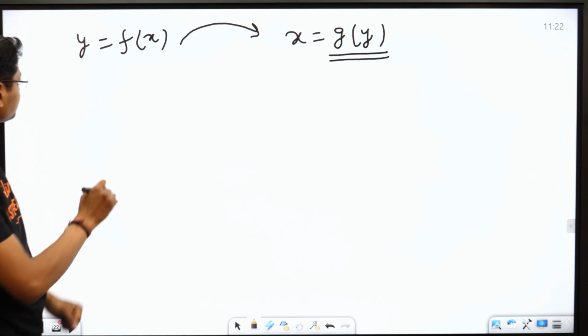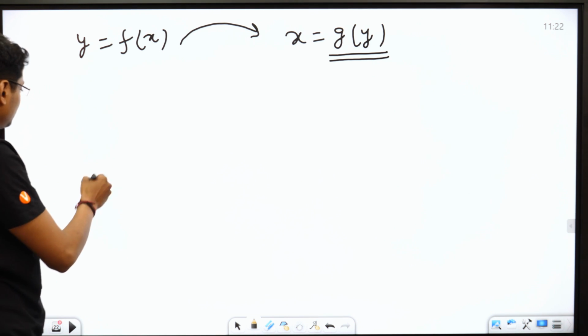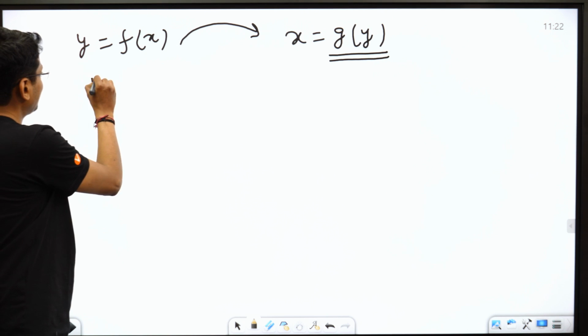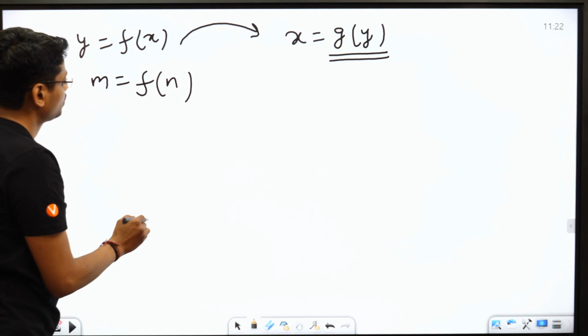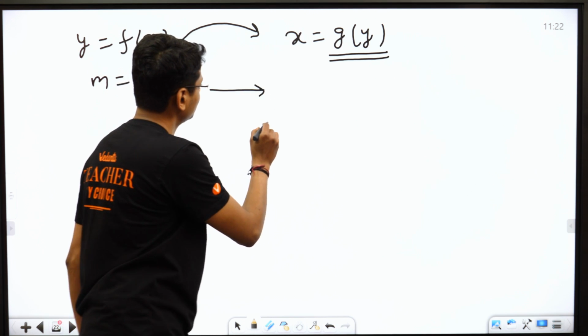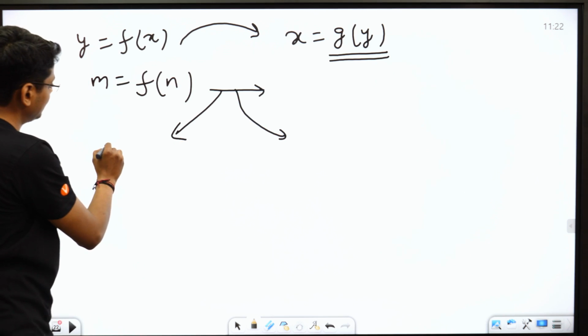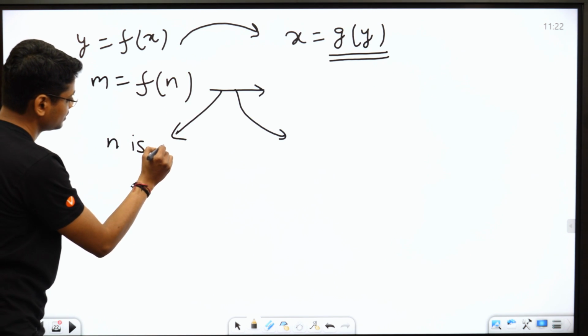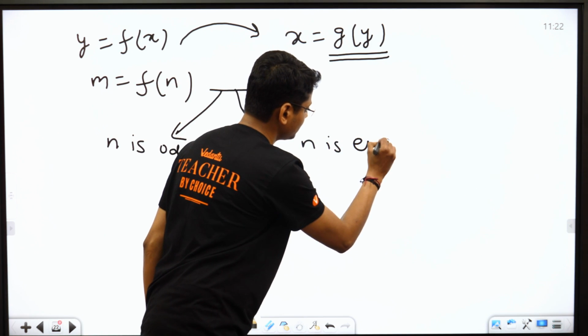The same we are going to do here. Let's say m equals f(n). Case 1: when n is odd and when n is even.